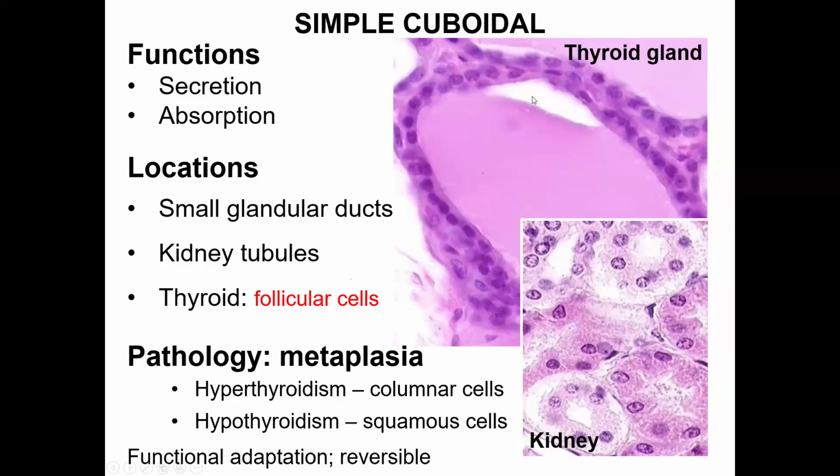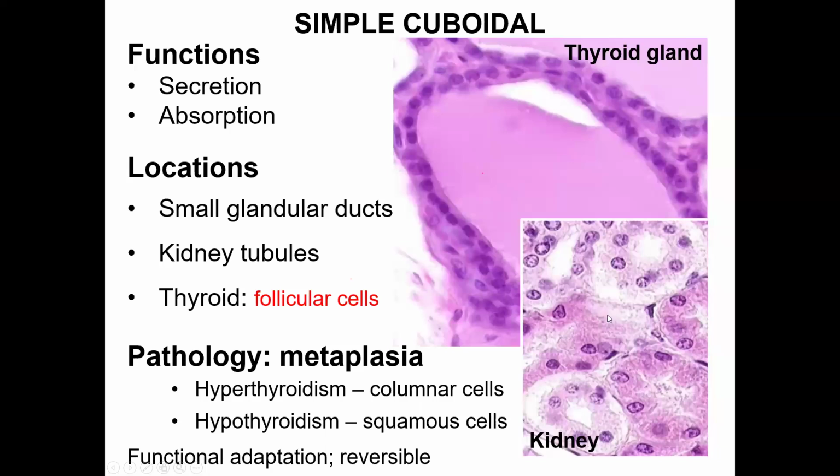This is a simple cuboidal epithelium, although in these regions you see two layers of cells. Here you also see two layers of cells. But this is because these epithelial cells line the follicles, and the follicles are tightly packed with each other. The appearance as a dual epithelium is caused by two follicles being tightly associated with each other.